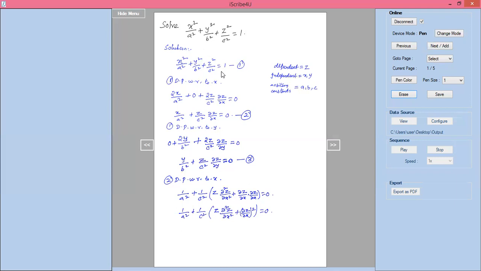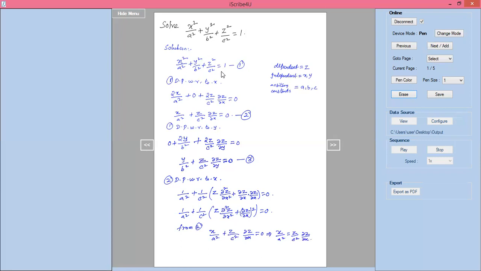Is it possible to find from equation 2, x by a square plus z by c square into dou z by dou x equal to 0? This only I can write as x by a square equal to z by c square into dou z by dou x.